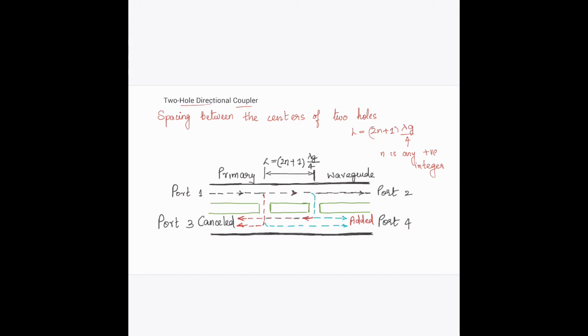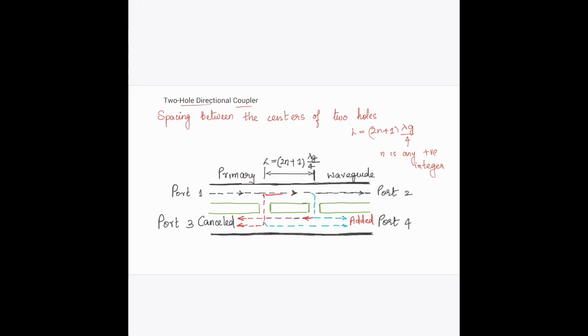When power is fed to port 1, some of the power travels directly through the primary waveguide to port 2. Some of the power will come out through this hole and some through the other hole.